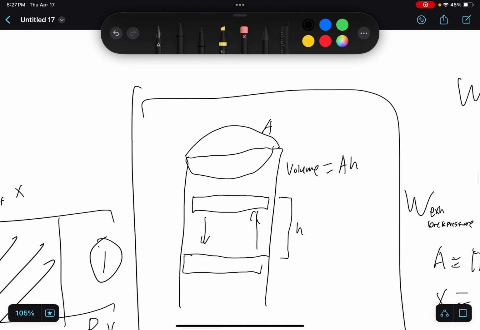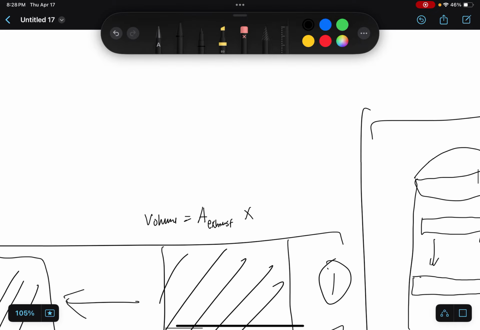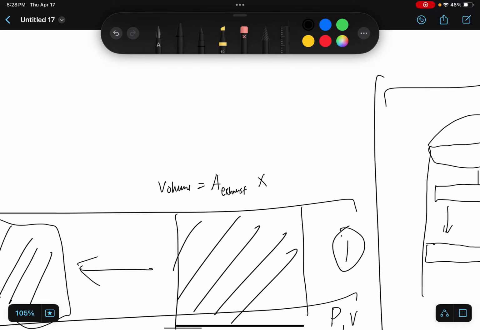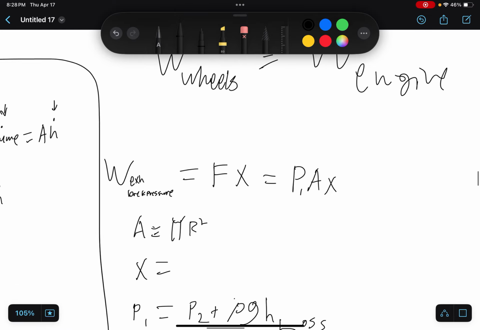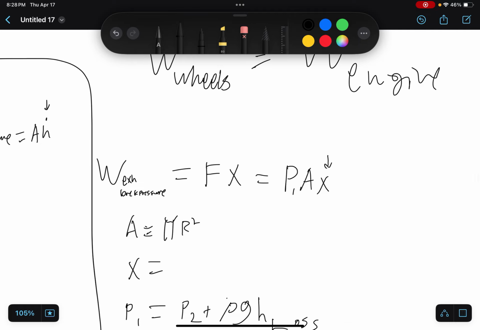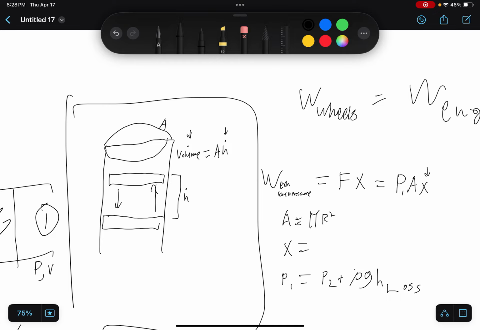Okay, so if your engine is spinning at low RPM, so if H dot is low, that means the volume dot is also low, which means this is low. Area is the same because your exhaust doesn't change area, which means the X is low. So the exhaust back pressure is low at low RPM.